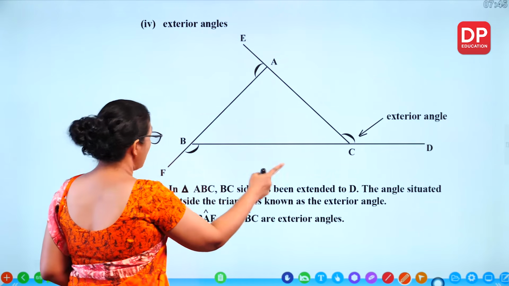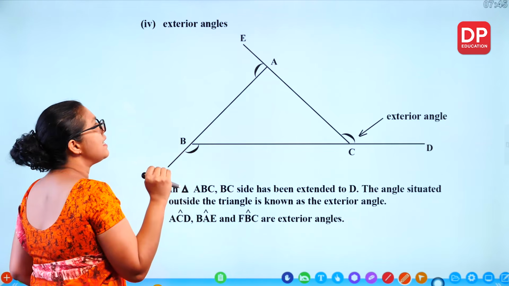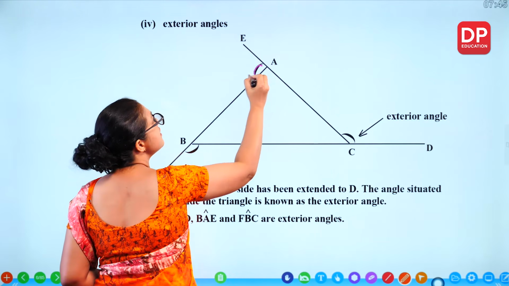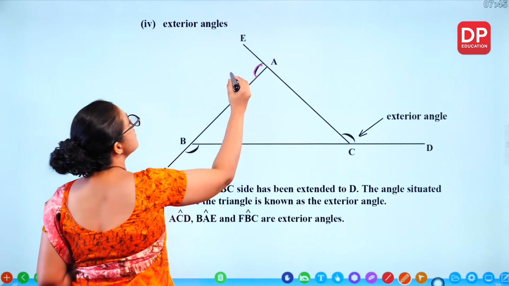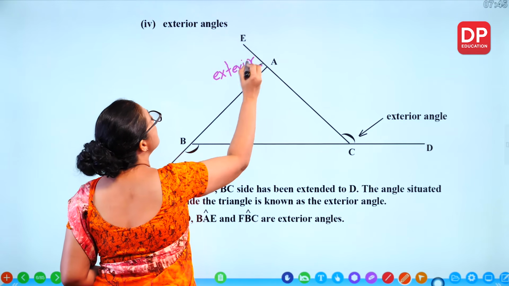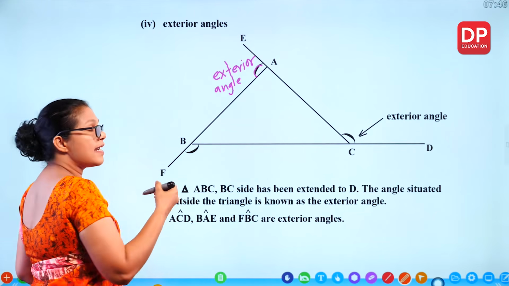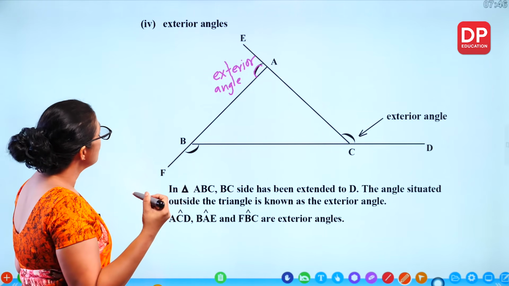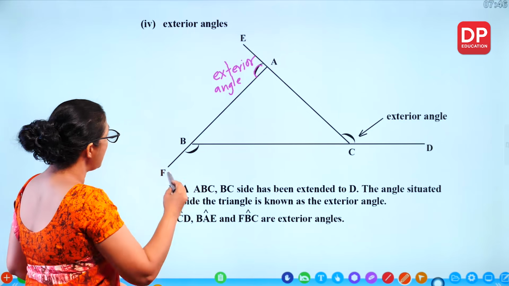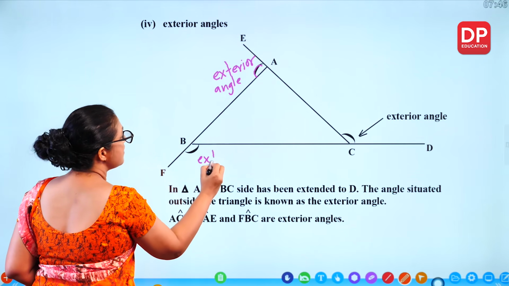Then we can extend the CA line to E and you get this exterior angle. This is also an exterior angle. And when you extend the AB line to F, we get FBC, another exterior angle.